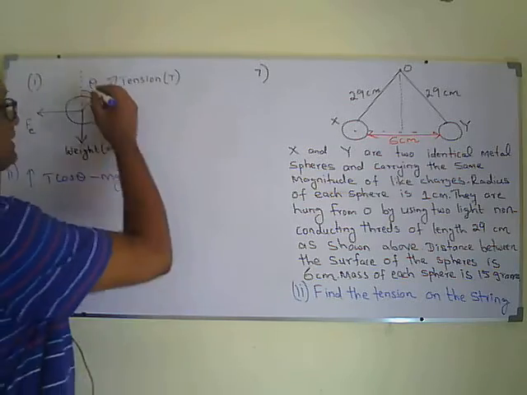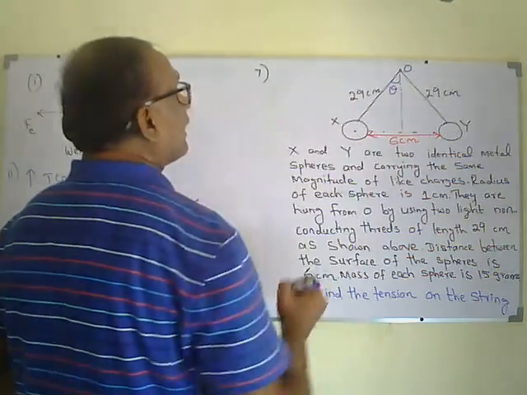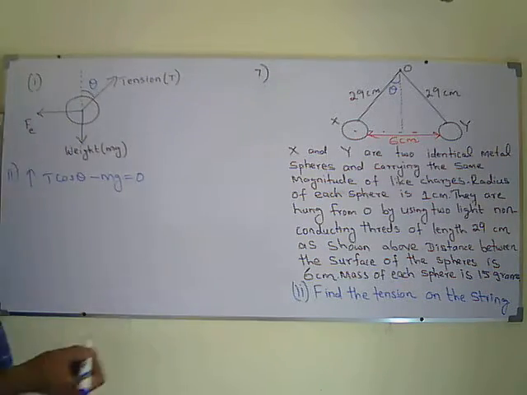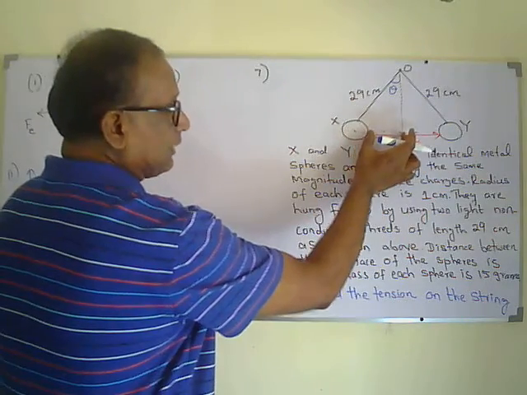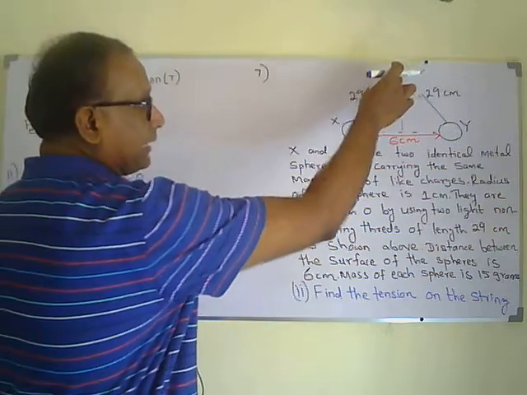But I don't know theta. This is the angle theta. I can find it using sine theta. This length is 6 in total, so this will be 3, this is 1, 3 plus 1, 4, and this will be 30.